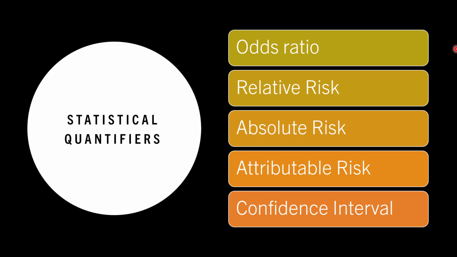You will see in some studies the expression of odds ratio, in other studies the relative risk, the absolute risk, the attributable risk, and its second name, the absolute risk difference. So attributable risk equals absolute risk difference, and the confidence interval. So let's know these terminologies and be familiar with them.